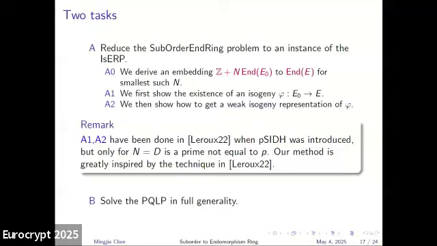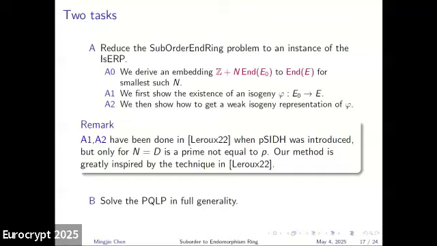So we have an embedding from Z plus N and E0 to End(E). And then we want to find the smallest such integer n. Again, we use the division algorithm, dividing an endomorphism by an integer that I mentioned earlier. This already looks a lot like the earlier order that we were talking about, except that in that case, this n is a prime. Now we are dealing with general integers.